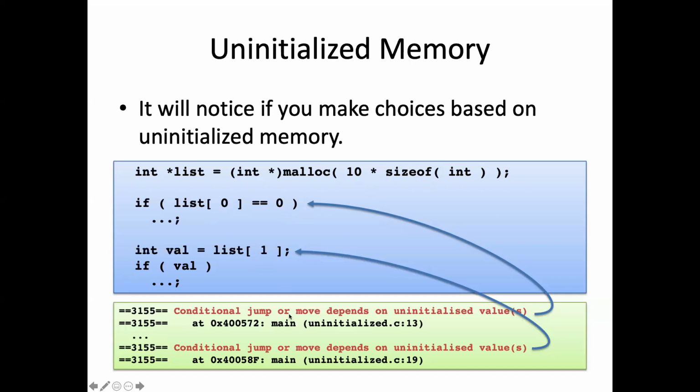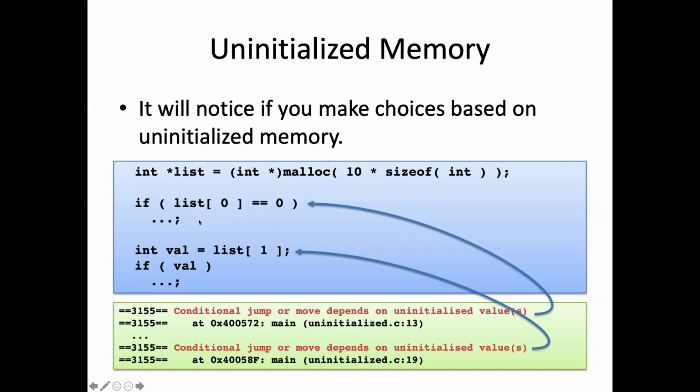Valgrind will report this, and its report will look like this. This is one that people often see and don't know what it means, which is why we're talking about it in class. You'll get a report that says conditional jump or move depends on an uninitialized value. That's because you have an if, and what your if does is based on this element of your list, but it's malloc memory, so who knows what it contains, so who knows which way this if is going to go.